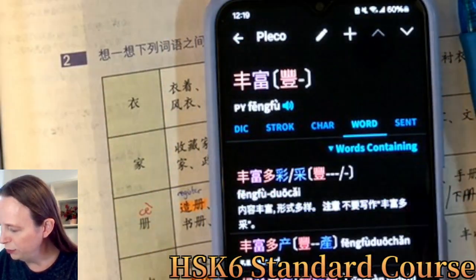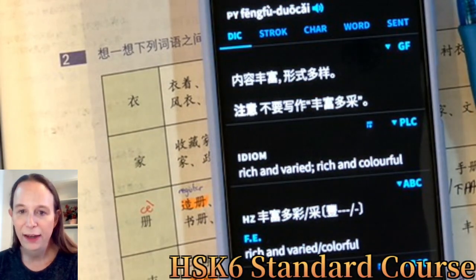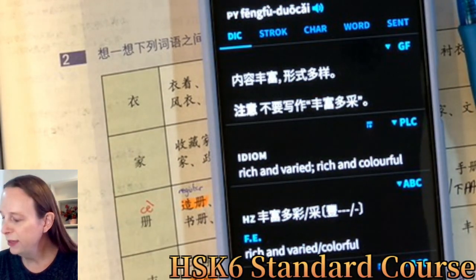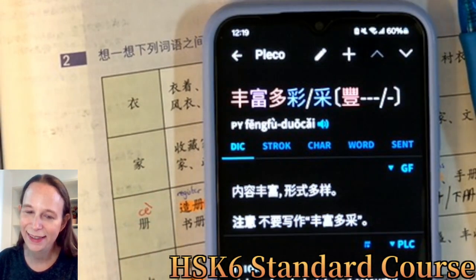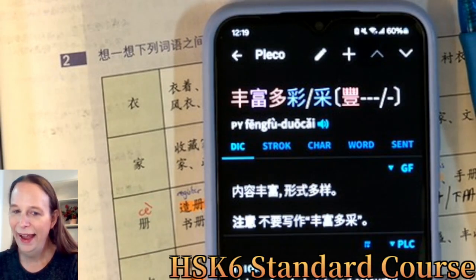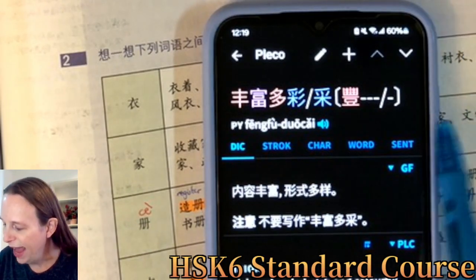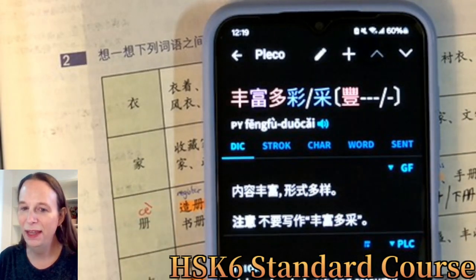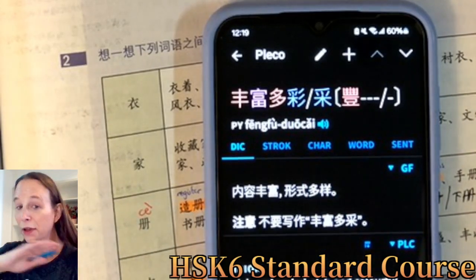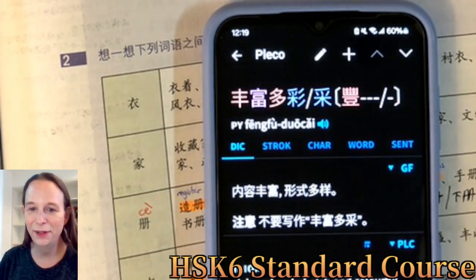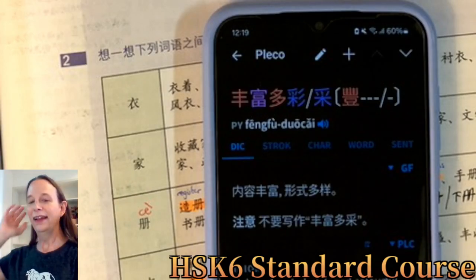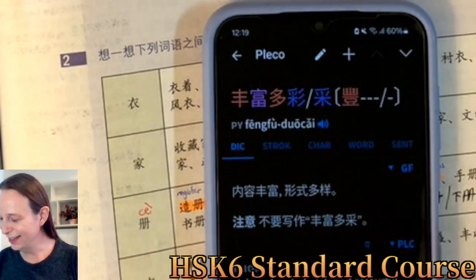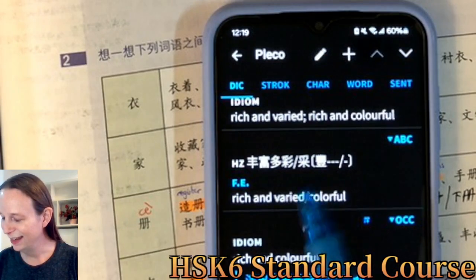There's a 丰富多彩, this one. 内容丰富,形式多样. So I remember learning this early on, and I thought, hey, it must have something to do with being multicolored. It does not. It has nothing to do with being multicolored. Take that, throw that in the rubbish bin. It's got nothing to do with color.